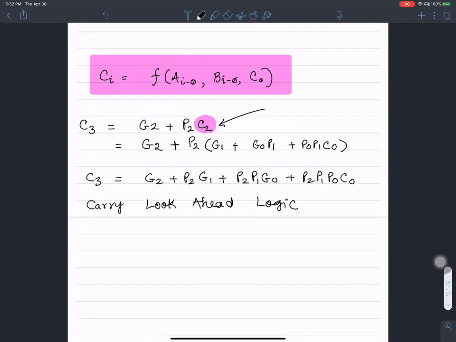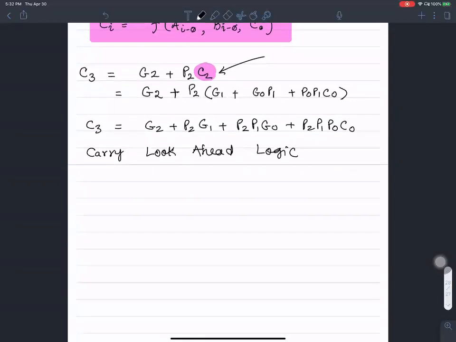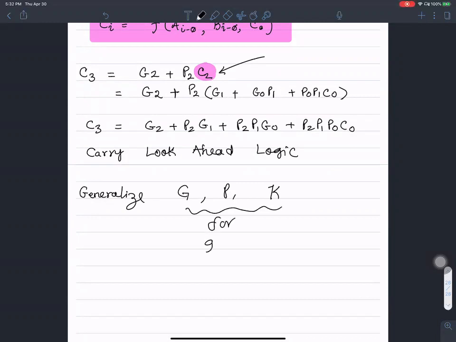Okay, you can extend the same idea further to generalize the notion of G, P, and K for groups of bits, and you can come up with many creative ways for looking ahead.